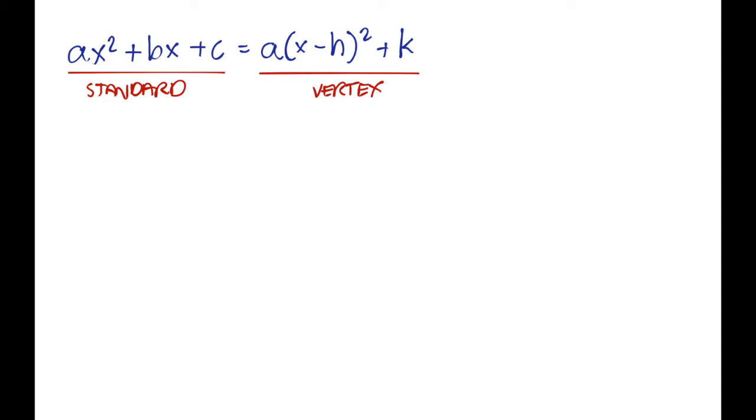So if you will notice here, I have the standard form of ax squared plus bx plus c, which I equated with the vertex form, and that is a times the quantity of x minus h squared plus k. So I'm going to expand this one, the x minus h raised to 2, using the FOIL method.